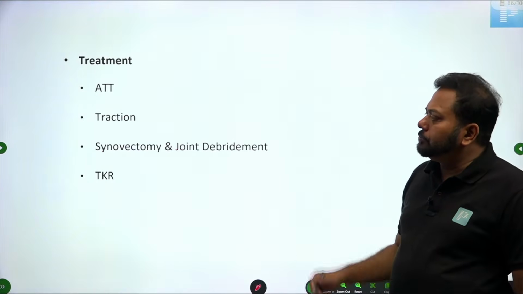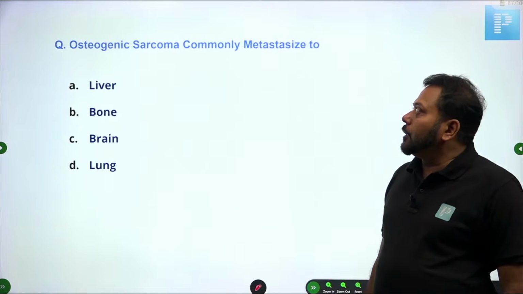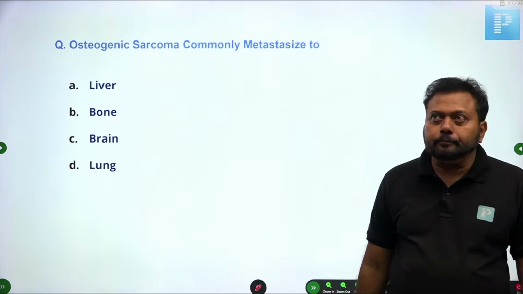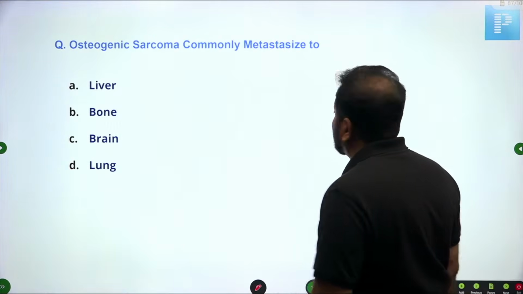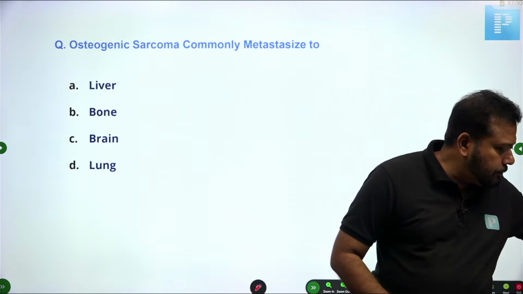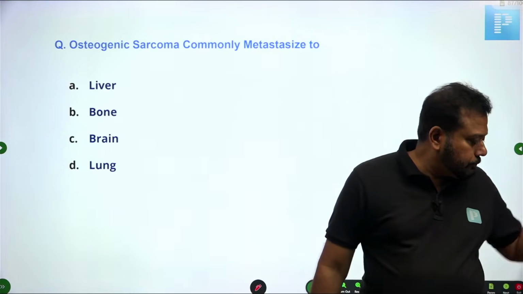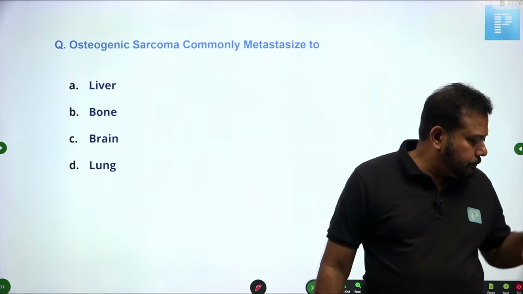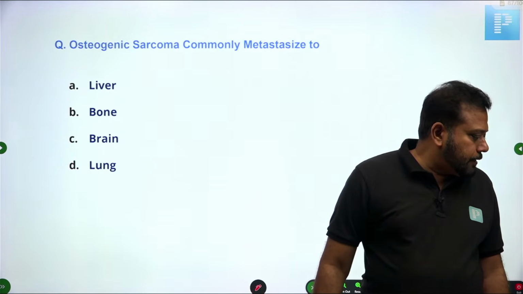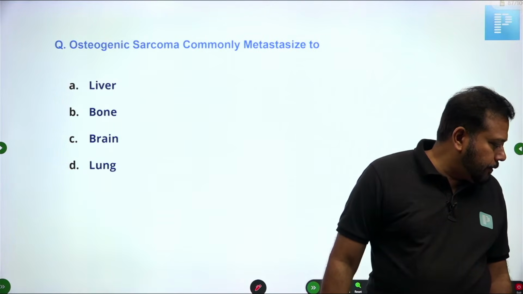Now coming to the next important question. Osteogenic sarcoma commonly metastasizes to which organ? Please answer. Muhammad has answered correctly.